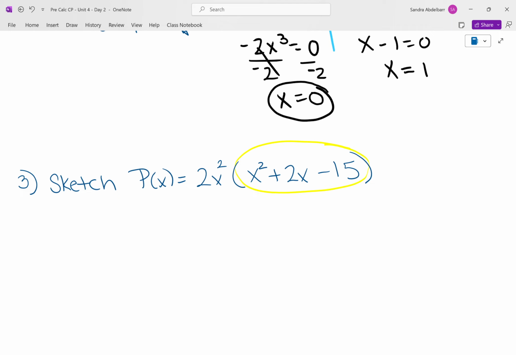What do you think eventually I'm going to tell you guys you have to do with this one? Factor it. Why are you going to have to factor it? To find the zeros. Is this still included to find the zeros also? Yes.